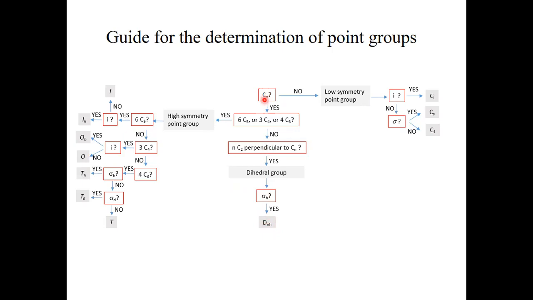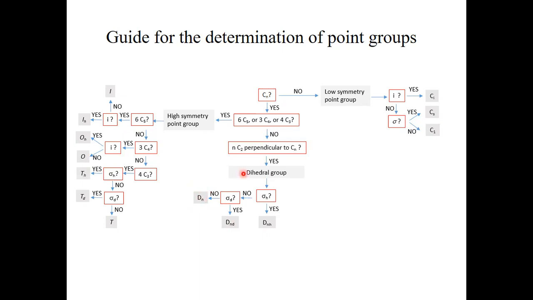That would be obvious from the answer to the earlier question. If the answer is no, then we would ask, well, do we have dihedral mirror planes? If the answer to this question is yes, then we would know that we have a point group of the type Dnd. But if the answer is no, well, we would know the point group type must be Dn.